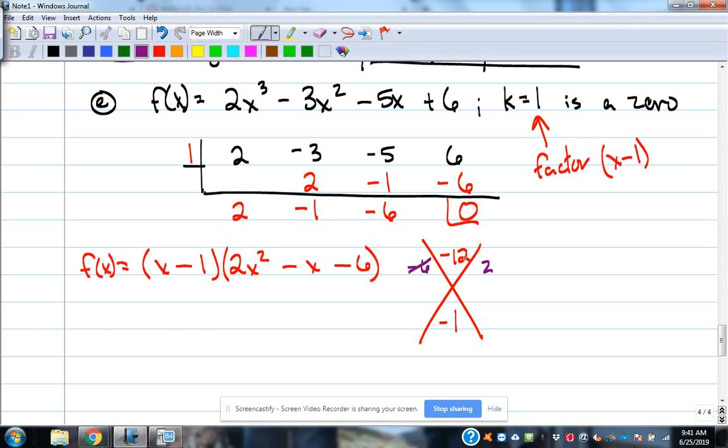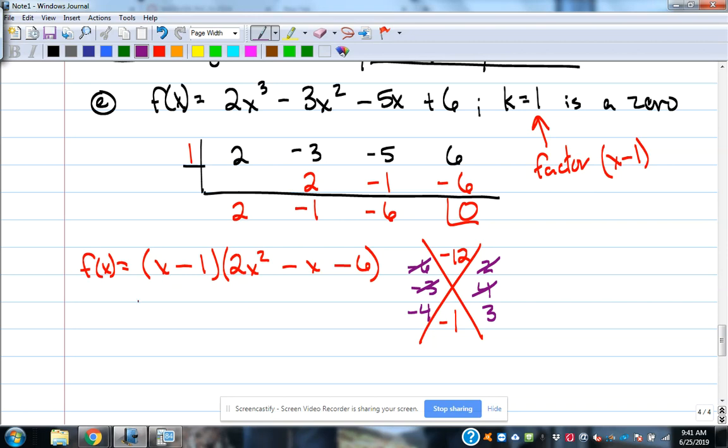So that's not right. -3 and 4 multiply to be -12, but add to be +1. Hey, that's real close. I'm going to swap the signs. It's -4 and 3. That does multiply to be -12 and add to be -1.